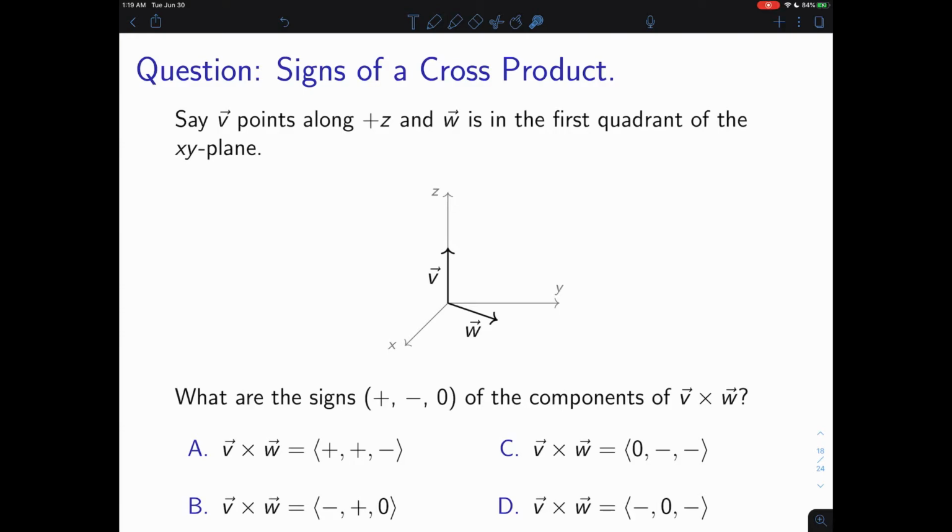Well, if you pointed your right hand fingers in the positive Z direction and then curled them down to point along W, then your thumb would be pointing this way in the XY plane.